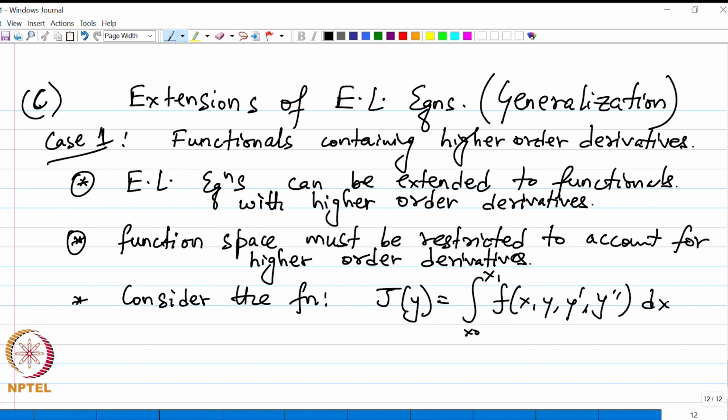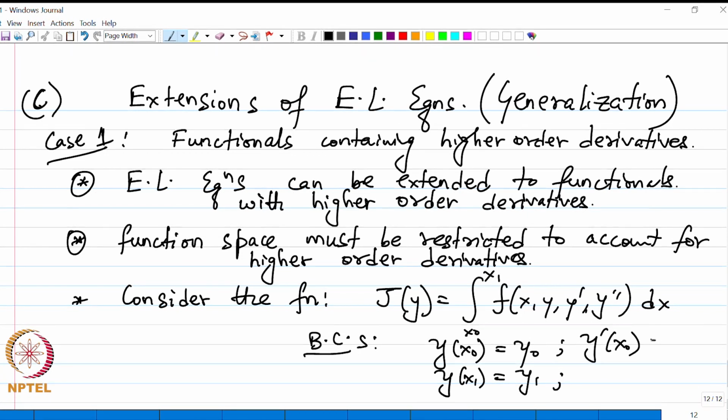The moment we introduce extremals having continuous derivatives up to second order, we have to provide an extra set of boundary conditions. That is, now my fixed point boundary conditions are as follows: y of x0 is y0, y at x1 is y1, and y prime at x0 is y prime naught, and y prime at x1 is y prime 1.